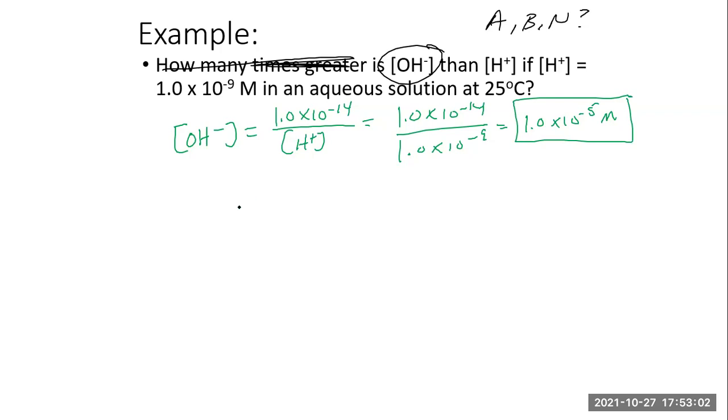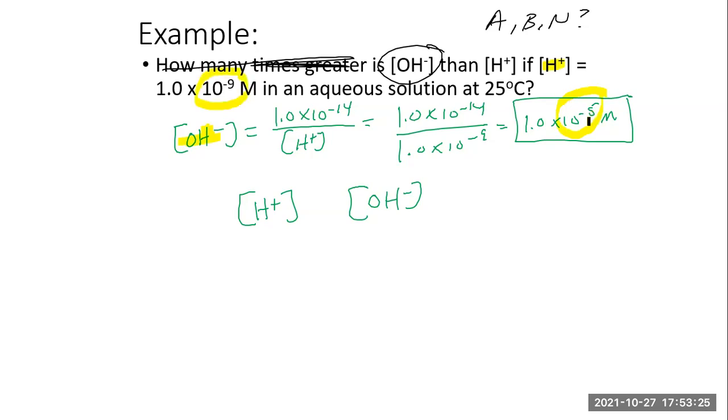Again, looking at our H plus concentration versus our OH minus concentration, for the most part, you really can just look at the exponent part to help you make that decision. So when we look at the OH minus, we see it is to the minus 5. And when we look at the H plus, it is to the minus 9.